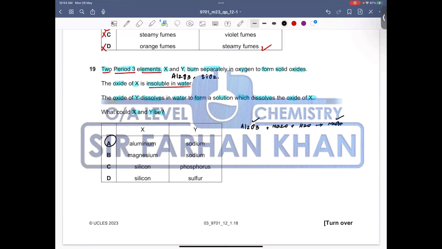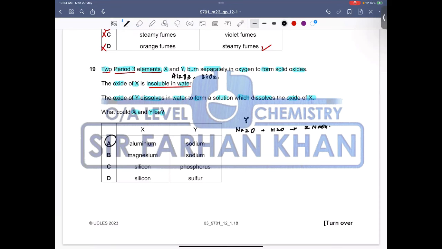That's easy. Let me explain it again for your reference. Y is sodium. Sodium forms an oxide called sodium oxide, and that's your Y. The oxide of Y is dissolved in water, so it will give you sodium hydroxide, which is a strong alkali.